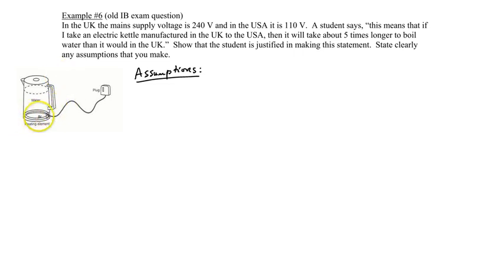So it means this heating element that's heating up this water is not changing, because the length of this wire inside here and the cross-sectional area and the resistivity of that metal is not really changing. Remember, resistance equals rho L over A, and these are all constant. So the first assumption we would make is that the resistance of the kettle, or the metallic heating element in the kettle, remains constant.